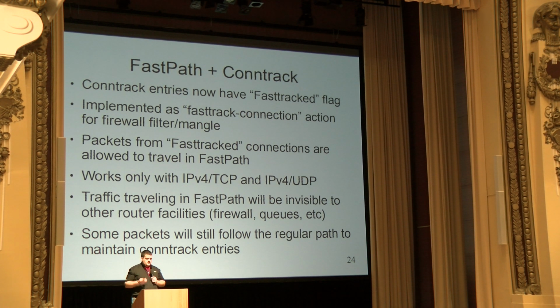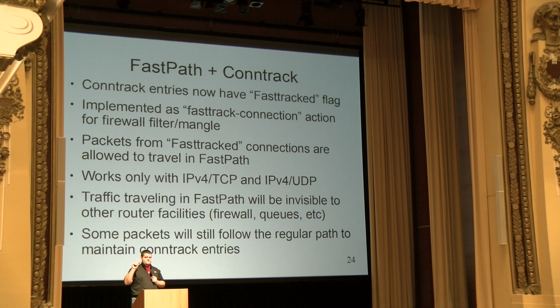So connection tracking entries now have a fast track flag. It's implemented as an action in filter or mangle. You can fast track some specific connections, and basically all packets from these fast tracked connections are automatically allowed to go the FastPath way.